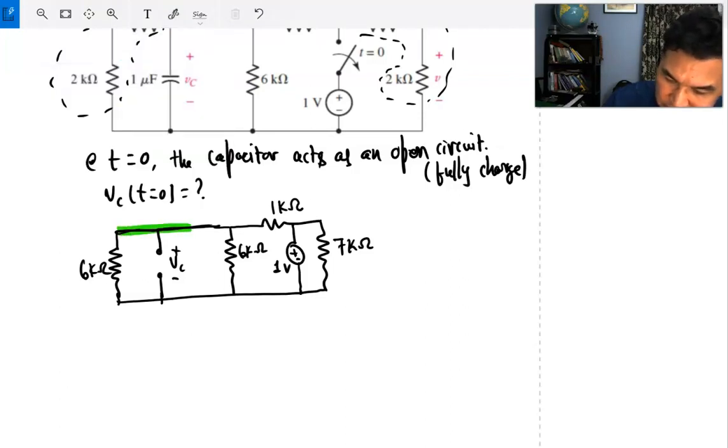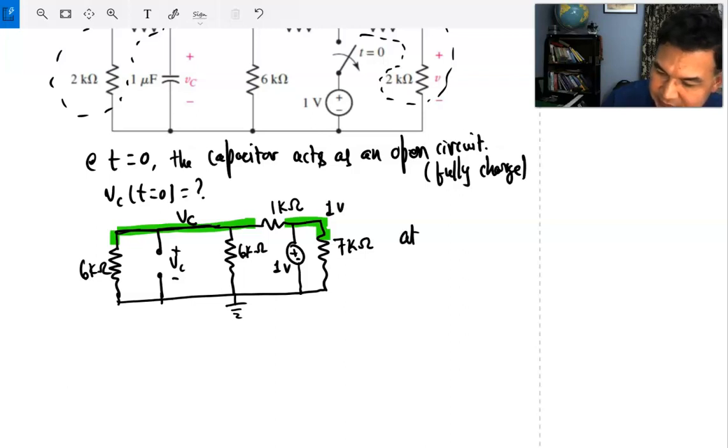This is just using nodal analysis. So this is at 1 volt, and this is our reference node. This is VC, the voltage across the capacitor. That's what we're finding.